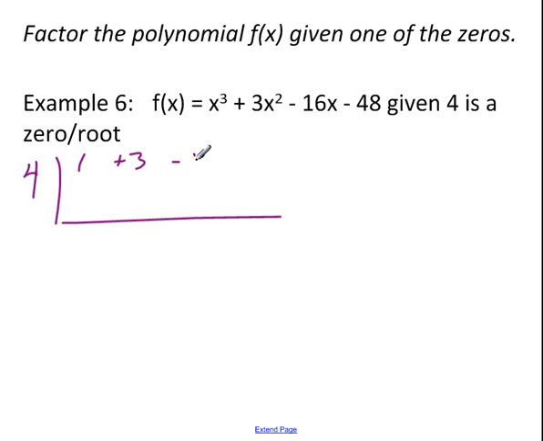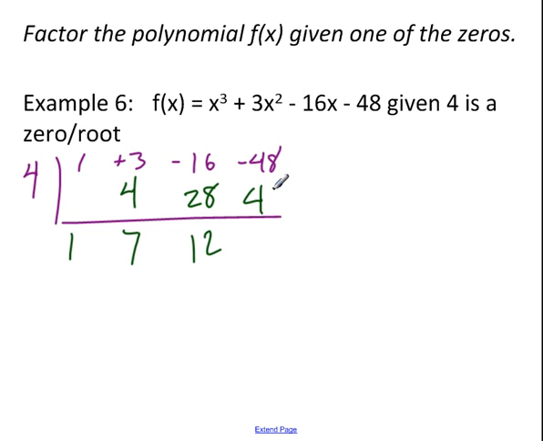Plus 3 minus 16 minus 48. Alright, so our 1, 4, 7. Yeah, it's at 28. Why am I freaking out here? 12.